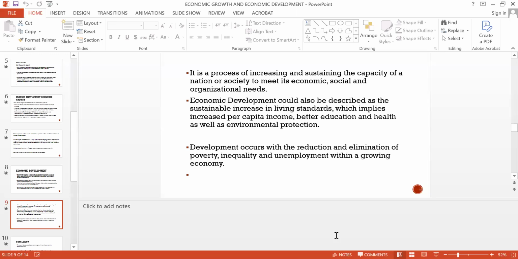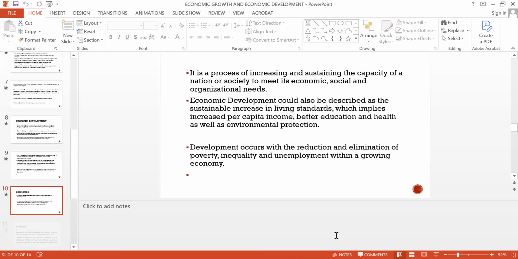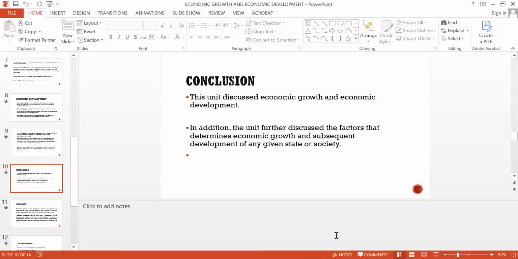There is no equitable redistribution of the wealth in such nations, and that is why they remain so poor. So development occurs with the reduction and elimination of poverty, inequality, unemployment, and misery within a growing economy. That is what development is.